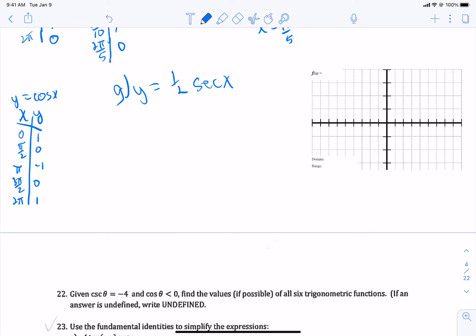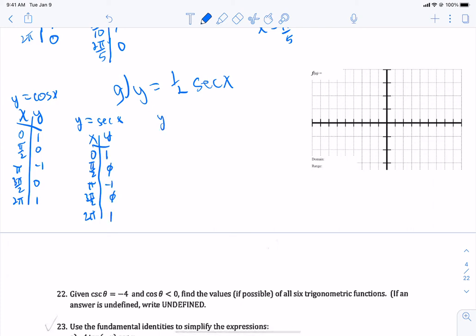Now remember what a secant is. A secant is just going to take the reciprocal of the y values. So if we just had a secant we wanted to graph, the same 5 x's are going to be our guide, but the y's, we're going to take the reciprocal. Well, reciprocal of 1 is 1, then undefined, then negative 1, then undefined, and 1.